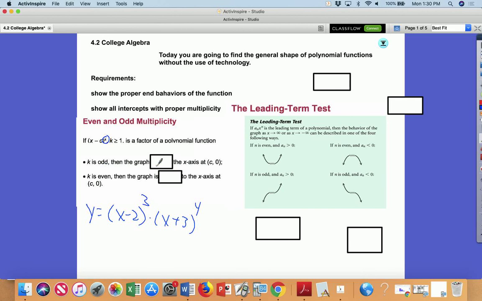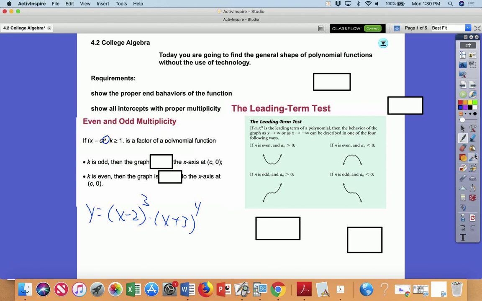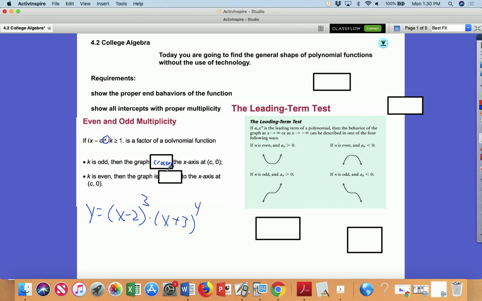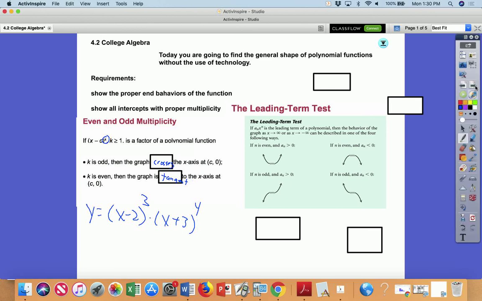It crosses. And here, when it's even, we use that word tangent: it touches and goes. It touches, does not cross, it just touches at that one location and then bounces back up or back down. Okay? So if you know that, you're going to be able to pretty much graph everything we have.